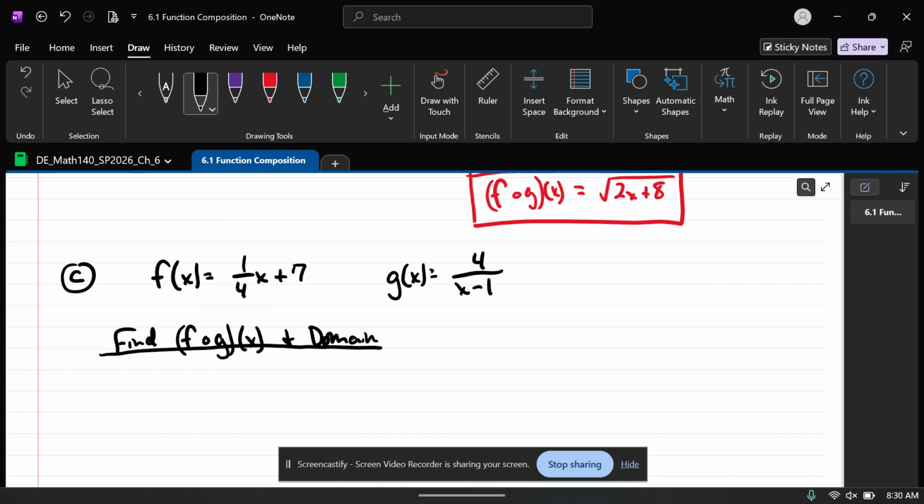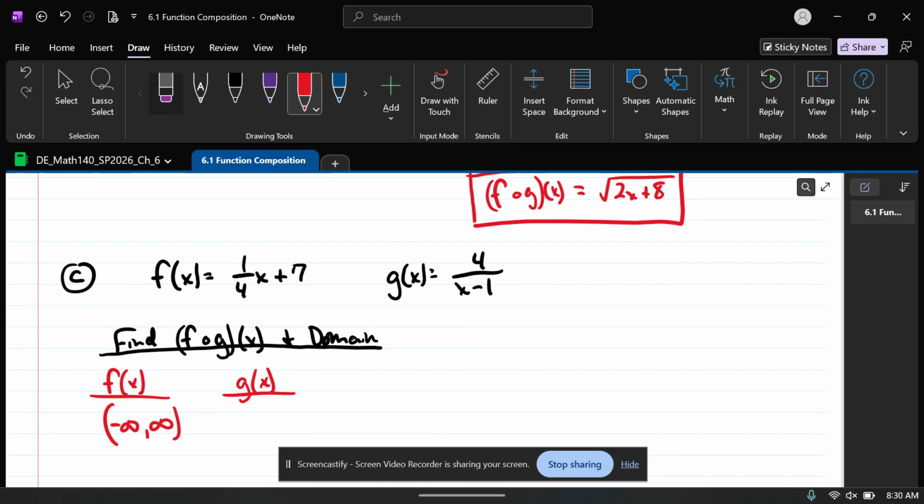So taking each function, finding the domain. So the domain of f of x, does f of x have any restrictions? No, no red flag, so that's negative infinity to positive infinity. Fix it.